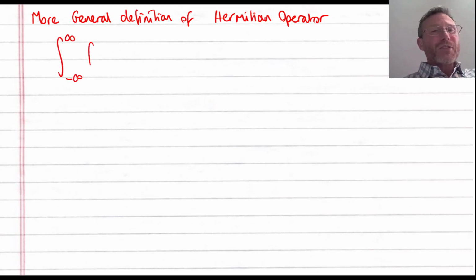Here is that definition. We've got this function f m star, sorry, it's f of x, some quantum number m.